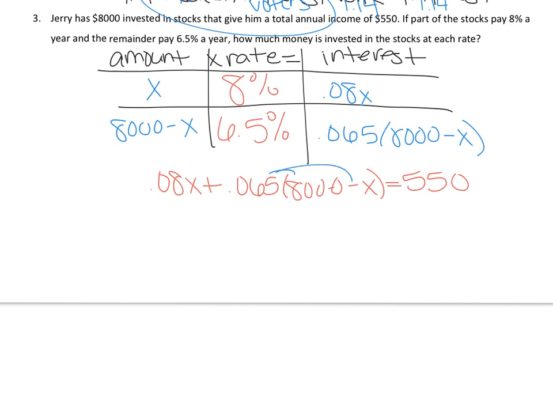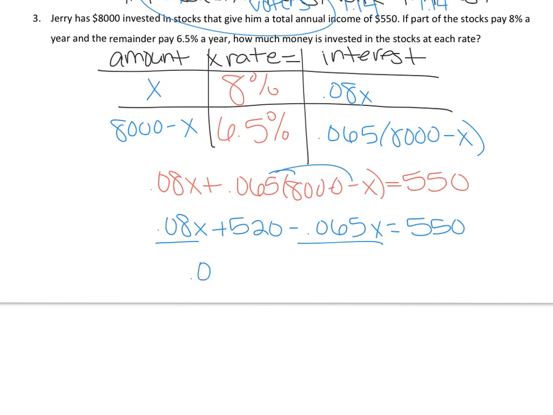If I distribute that 0.065, I have 0.08x plus 0.065 times 8,000 gives me 520 minus 0.065x equals 550. If I combine like terms, 0.08x minus 0.065x gives me what? 0.015x plus 520 equals 550.